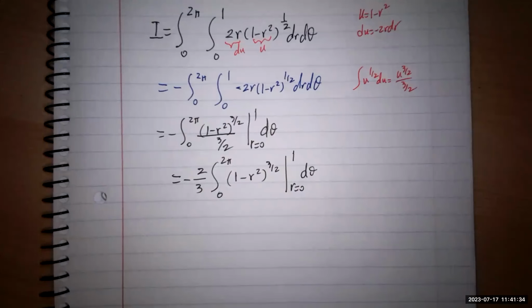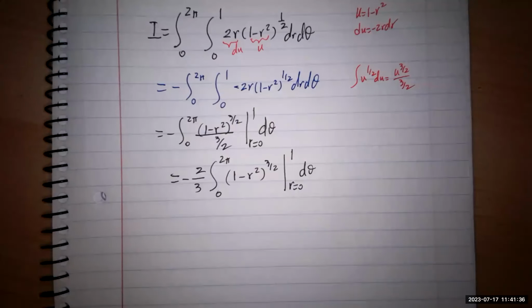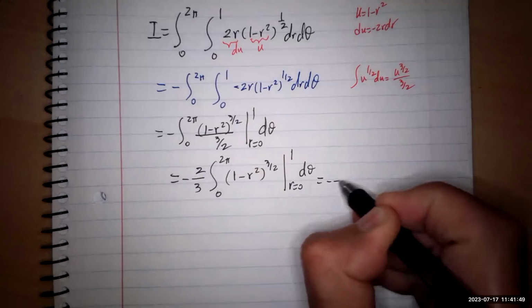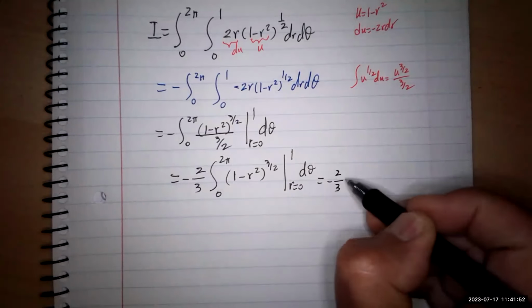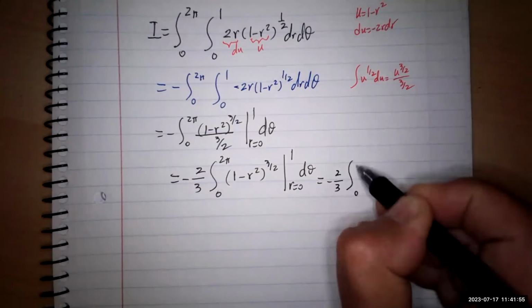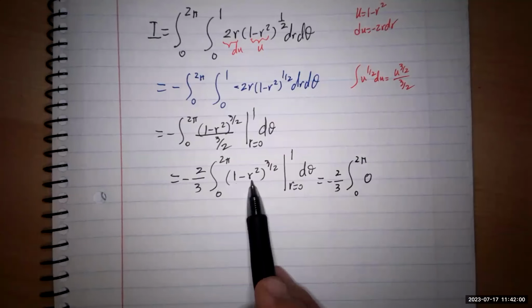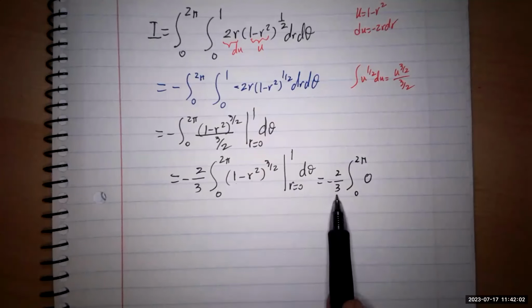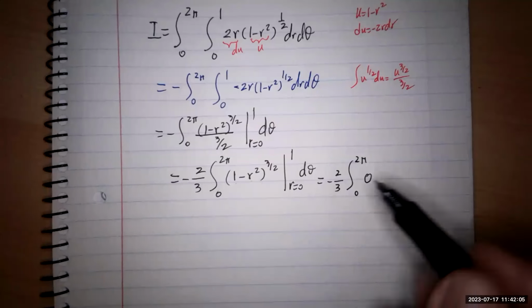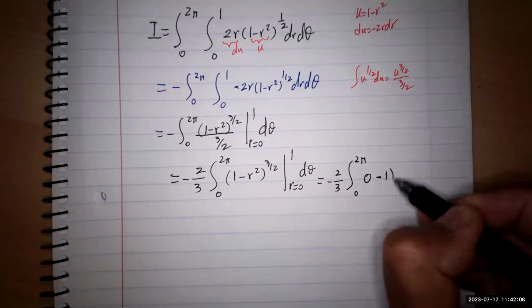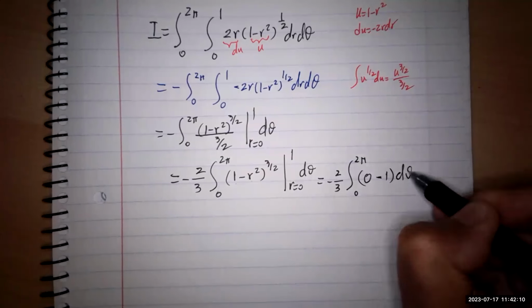Now substitute. If you put r equal to 1, you are going to get 0. So it's equal to negative 2/3 times the integral from 0 to 2 pi of 0 minus, and if you put r equal to 0, we get 1, so 0 minus 1, d theta.